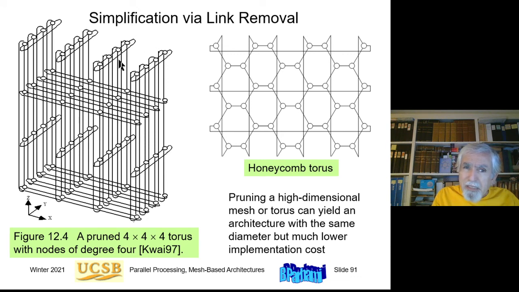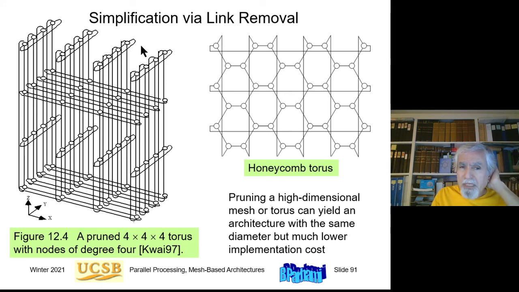So what this does, it reduces the node degree from 6 in a 3-dimensional torus to 4 in this pruned version. And therefore, just like Manhattan Street Network, you may not be able to go between 2 nodes directly. So from this node to this node, in the original 3D torus, you could go in 1 step. Now you have to go in 3 steps.